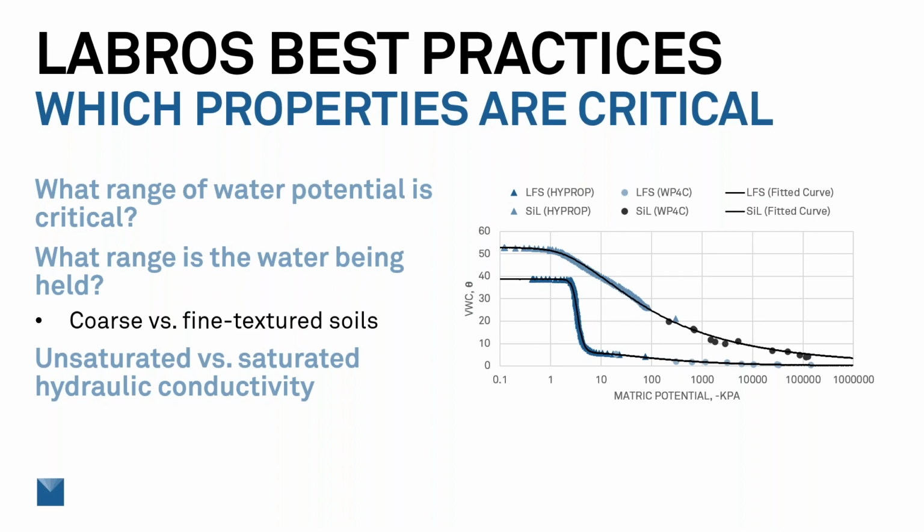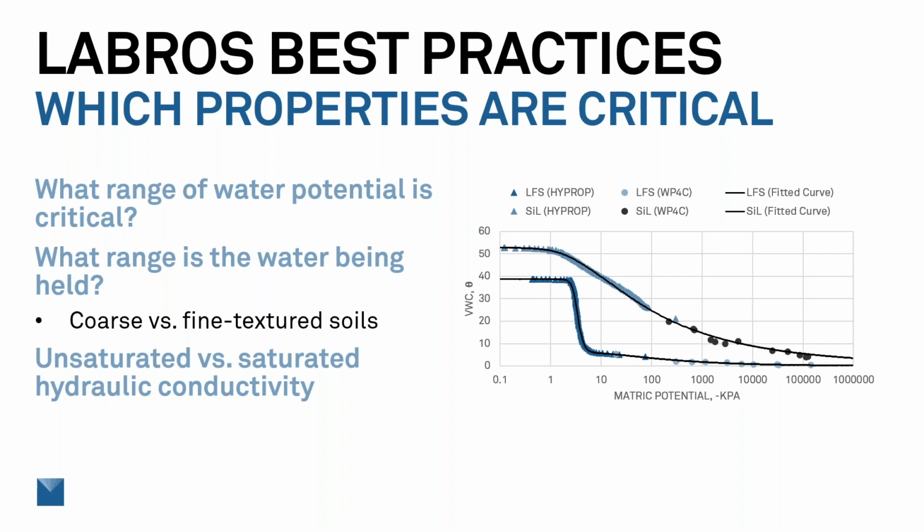Another piece to look at is what range the water is being held at in the soil that I'm measuring. For example, on this graph on the right, we have two different soil moisture release curves: one for a silt loam and one for a loamy fine sand. Both samples were measured using the HyProp and WP4C together. What's interesting is that for the loamy fine sand, the majority of the water is held in the very wet range, and it would have been primarily measured with the HyProp device.